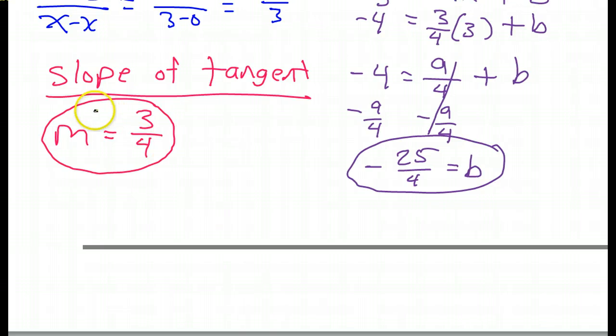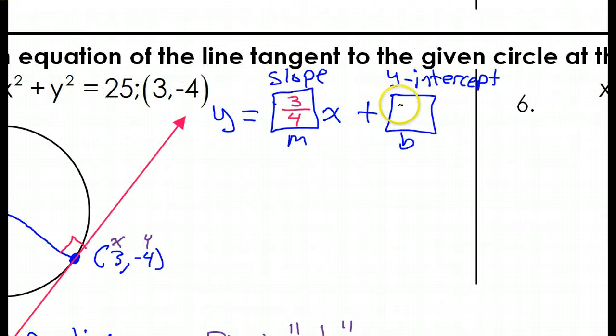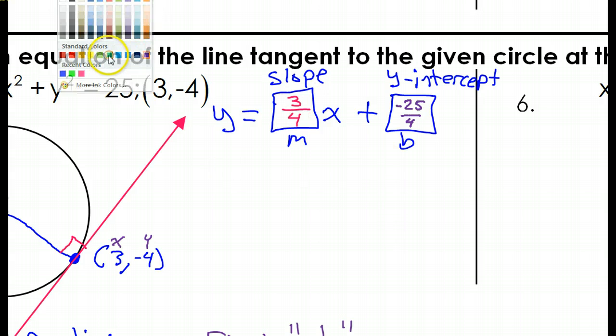All right, we found the slope of the tangent, and we found the y-intercept. Okay, so that goes right here, -25/4. So let's just recopy it in a prettier way.